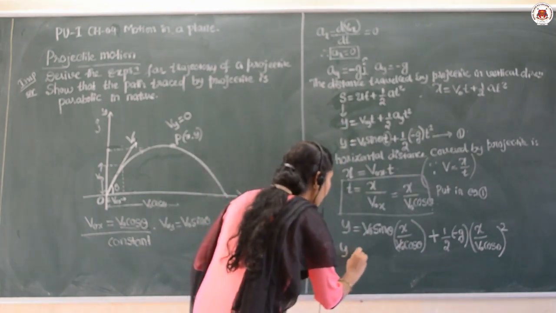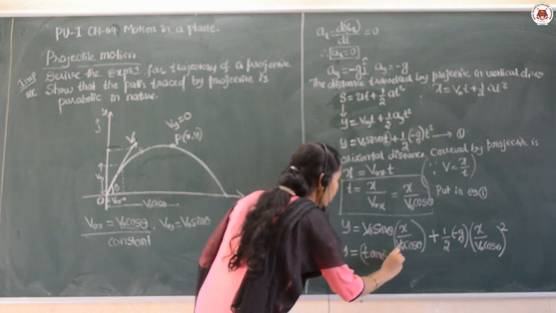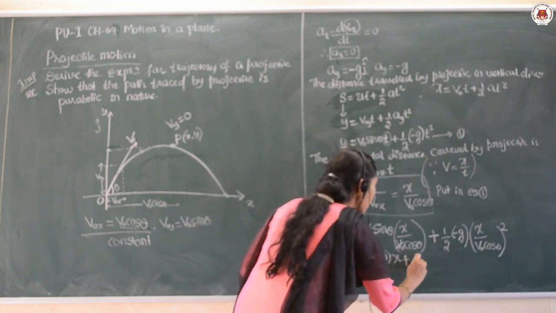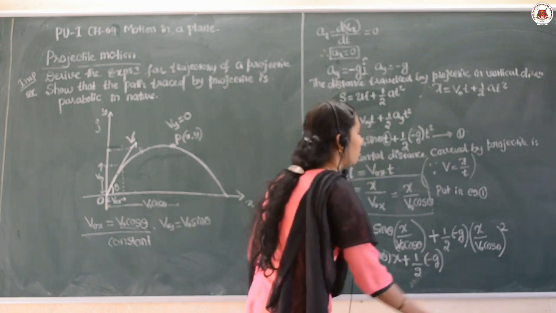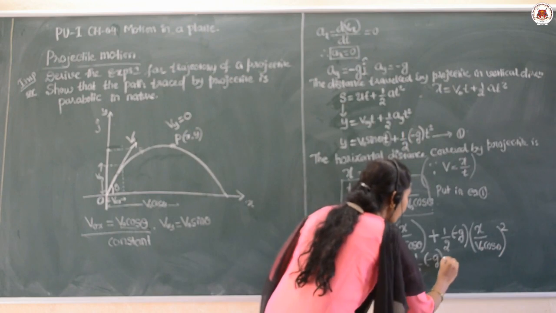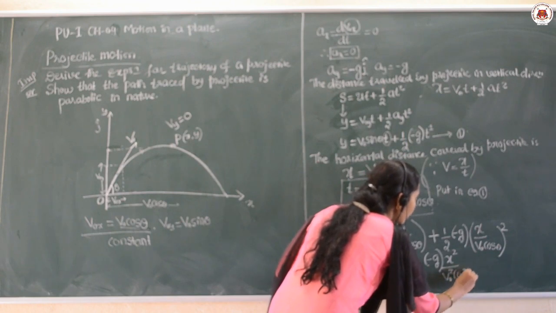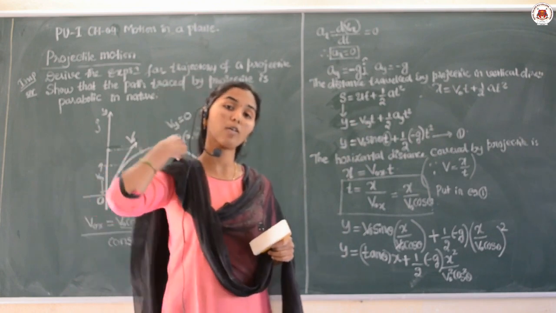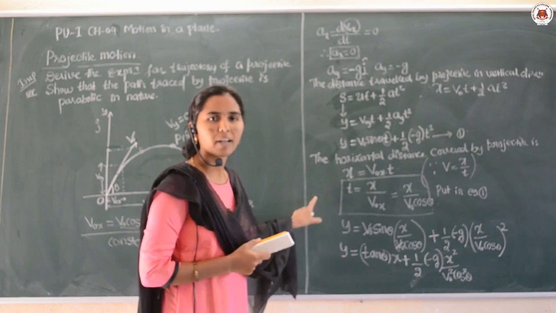Therefore, y is equal to tan theta into x plus 1 by 2 minus g into this term squared, therefore x square upon v naught square cos square theta will come. Yes, we are at the end of the expression dear student. I hope this is clear, right?